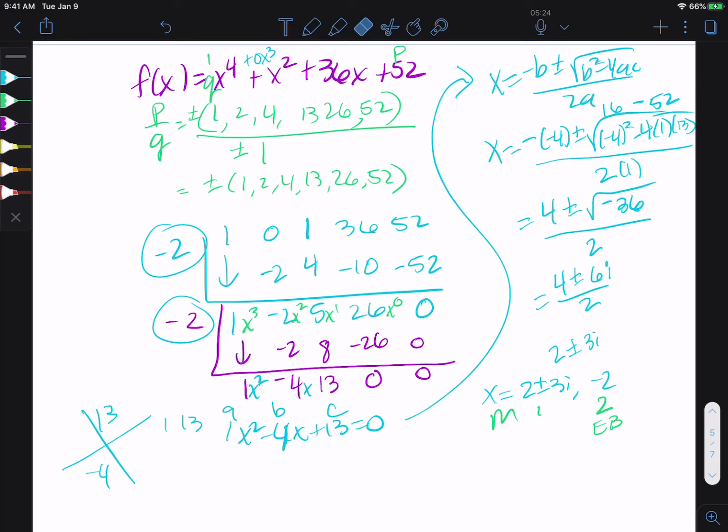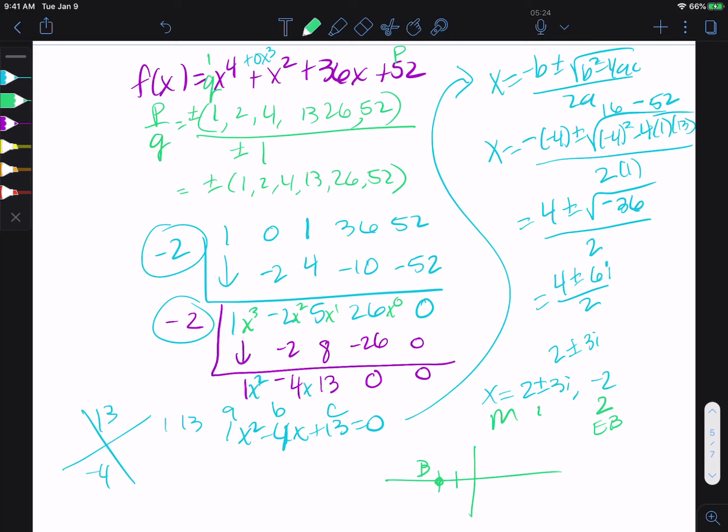So then we have on our graph, at -2, we know it bounces. If we go back and we look for our end behavior, it's a fourth power, which means it's even, so it's going to be touchdowning, opening up or down, and then it's positive, so it's going to be opening up.